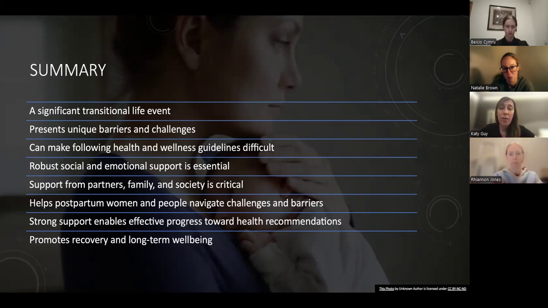It can make following health and wellness guidelines difficult. So we say 150 minutes per week of exercise, but lots of things can interrupt that.